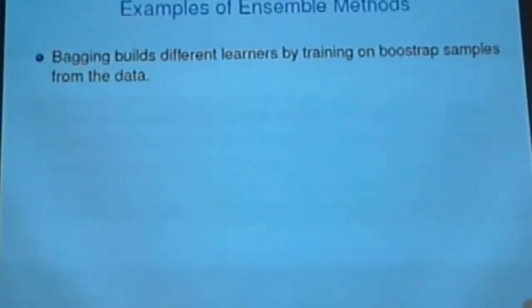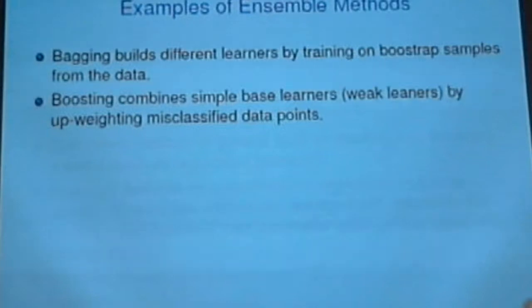Bagging builds different learners by training on bootstrap samples from the data, but all the input variables are involved. And boosting combines simple base learners, these weak learners, by upweighting misclassified data points. For those hard-to-classify data points, we train the weak learner to focus more on them and try to make it better.